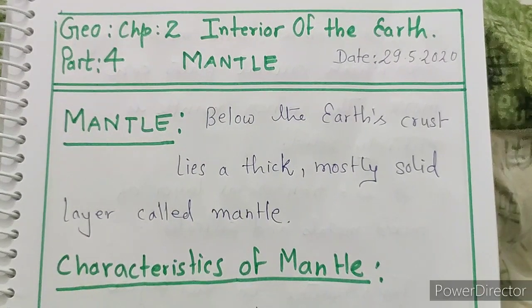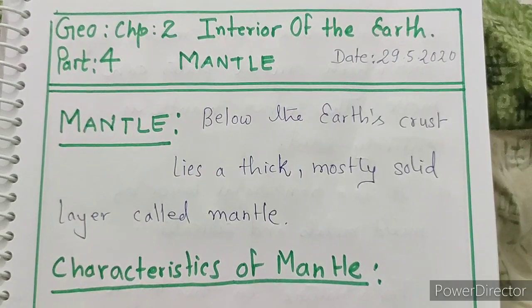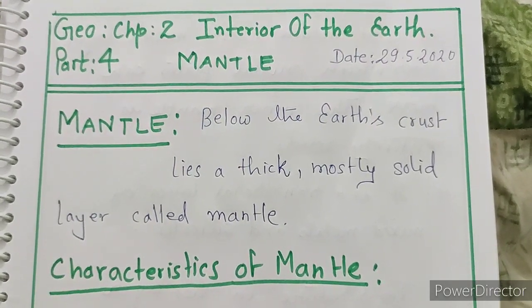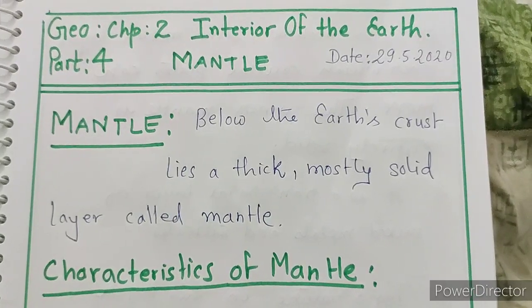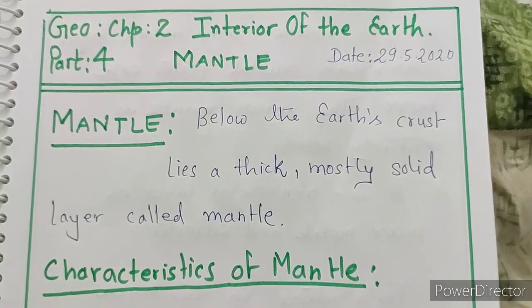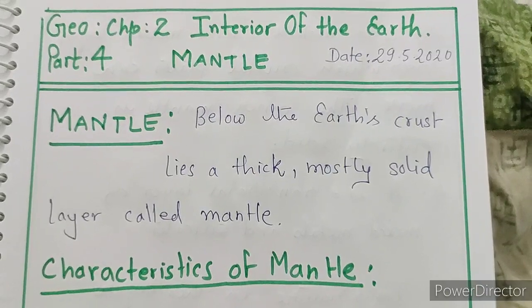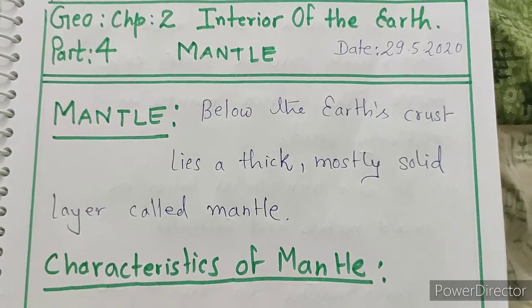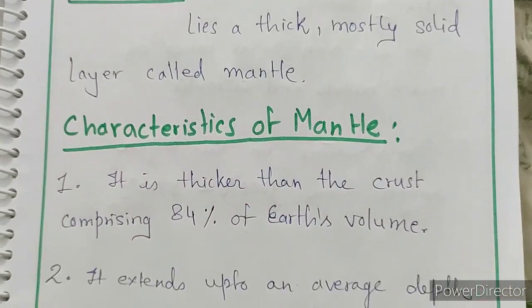Today I am going to tell you about the mantle. Mantle is a layer of earth which is below the earth's crust, and it is a thick layer, and mantle is mostly solid all over, right?